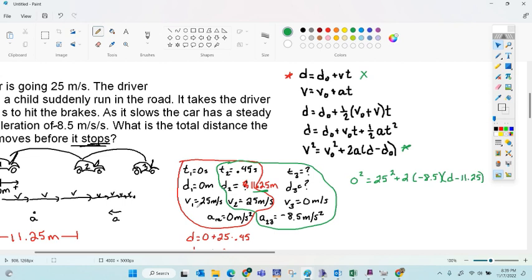We're not starting all the way back here because we had to figure out how far it went to get to that, but this is going to give us our final answer. So here we go. We have 0 equals 625 minus 17 times d minus 11.25.